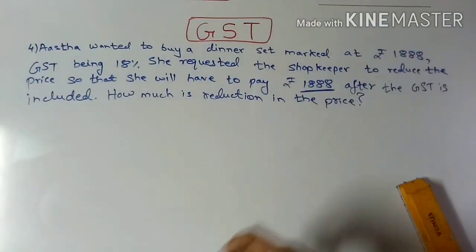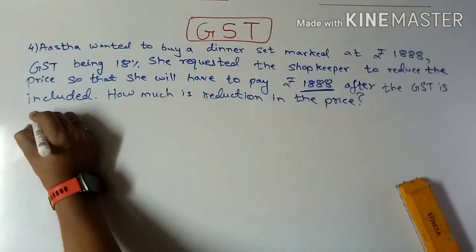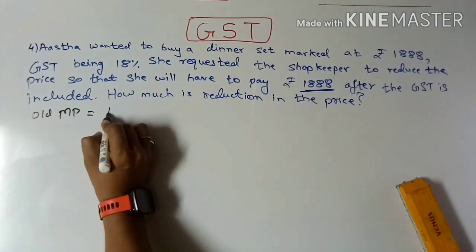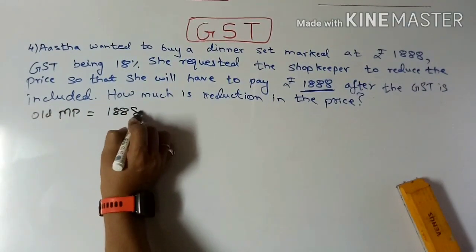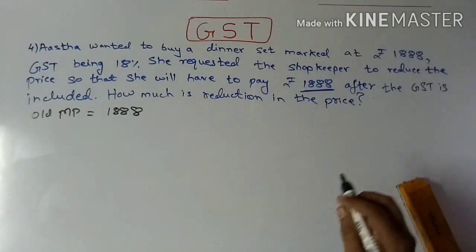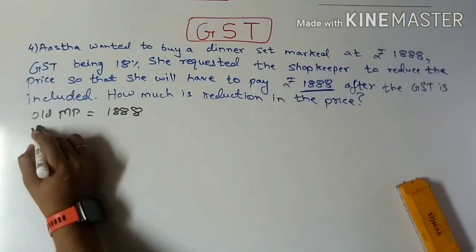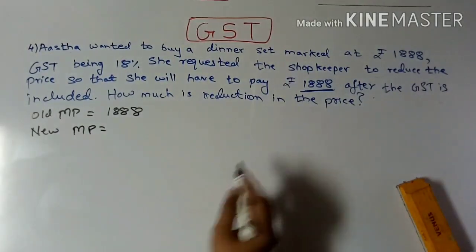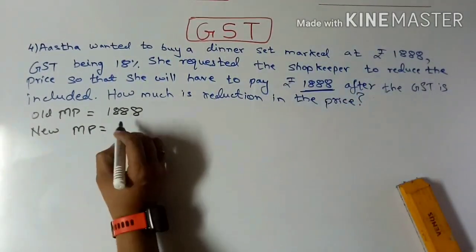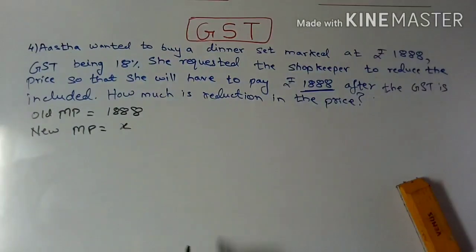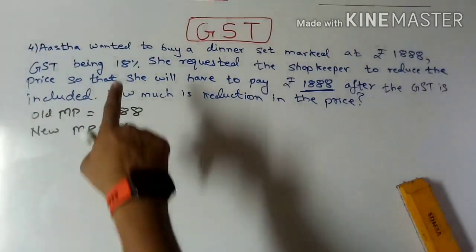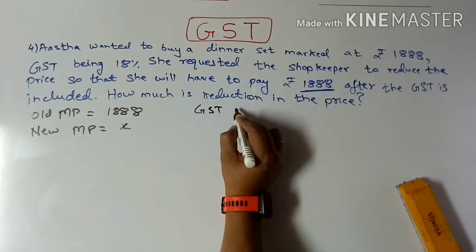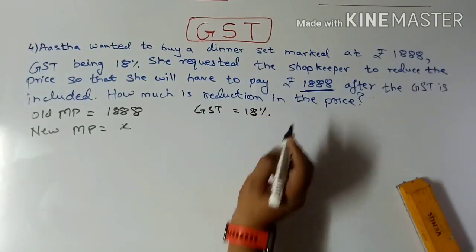So our old marked price, old MP, is rupees 1888. Let us assume my new marked price after this bargaining be X. GST is 18%.